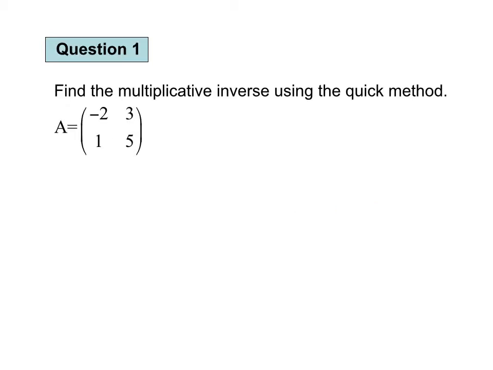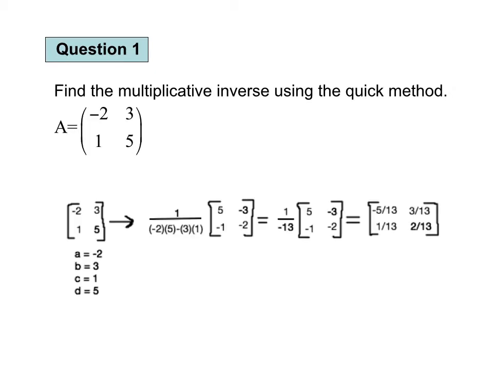Okay, now let's move on and have you try this question on your own. Now pause the video and try it yourself. Okay, now let's go through this question a little bit again together.